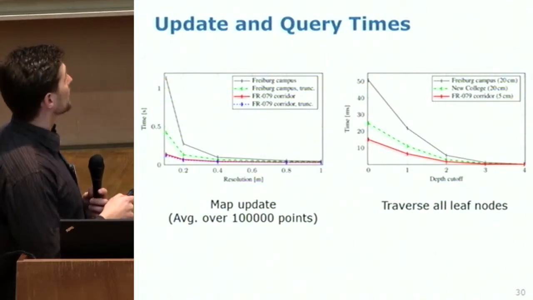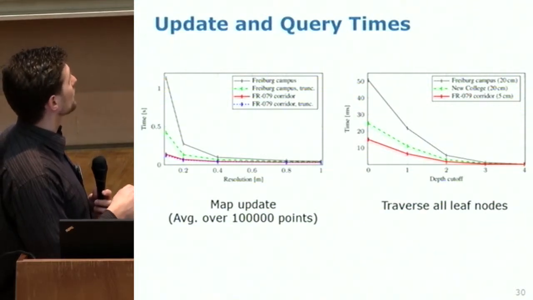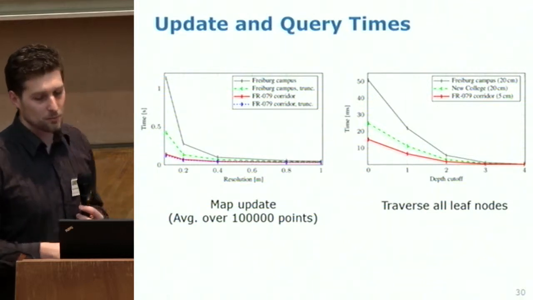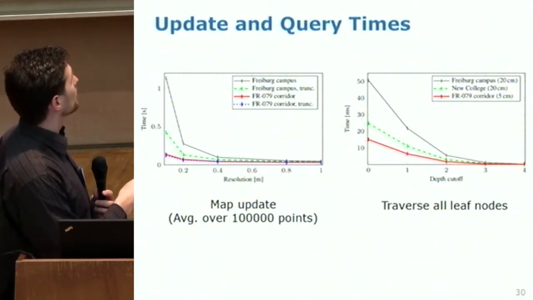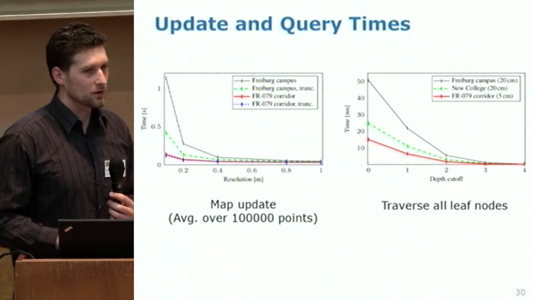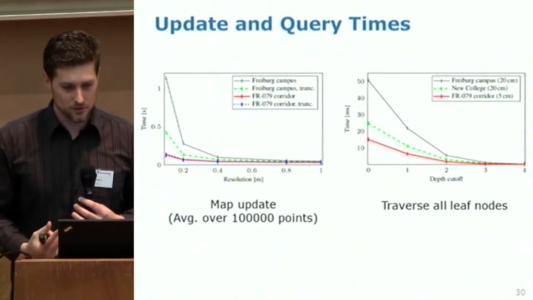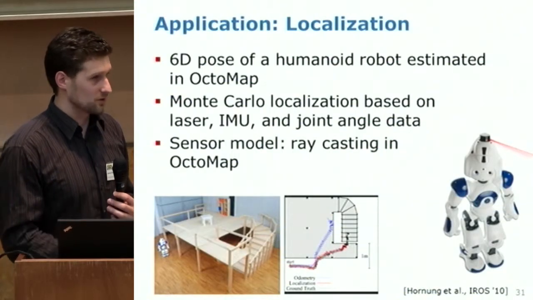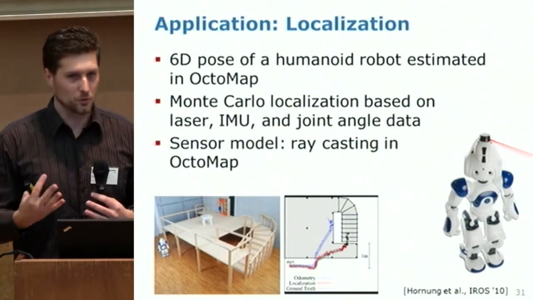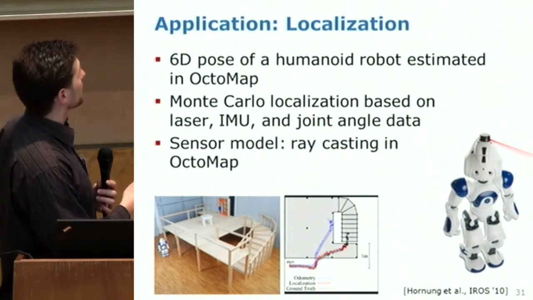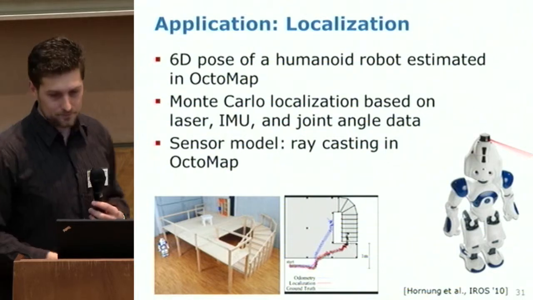What you also see nicely here is that the depth cutoff really pays off. We're saving about half the time by using a coarser resolution. So a 0 cutoff means we're using the full Octree, going down to the leaves at the smallest resolution. If we don't need this, if you have a map at 10 centimeters but you're fine with using 20 centimeters for your collision check, then this suddenly will be twice as fast.